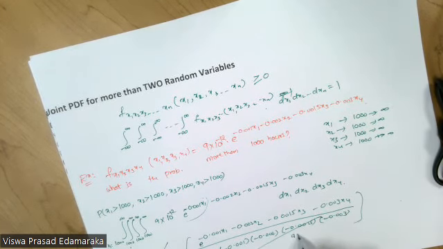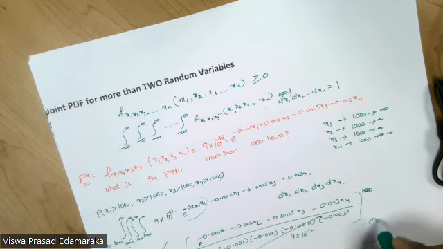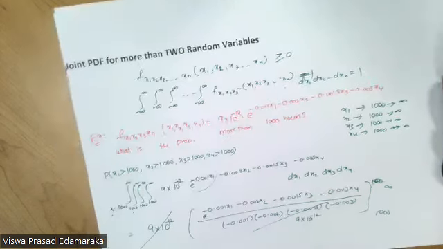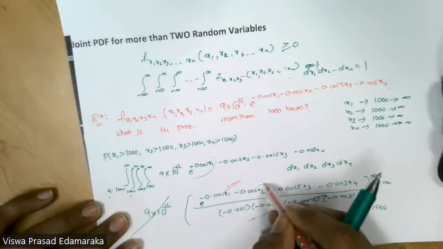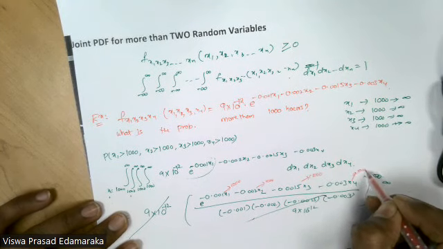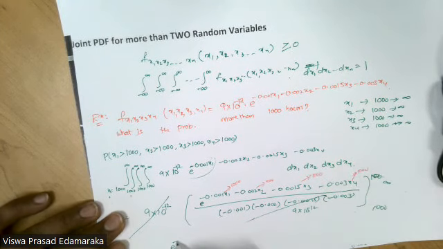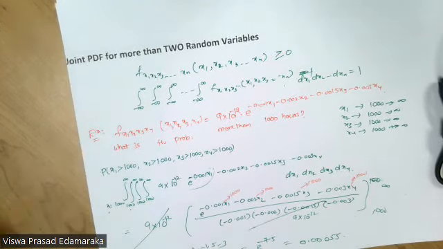When we multiply this, we get 9 into 10 power of minus 12. Substitute 1000 for x1, x2, x3, x4. Finally, I get e power of minus 1, minus 2, minus 1.5, minus 3, that is e power of minus 7.5, which is 0.00055. This is the answer for joint probability with more than two variables.